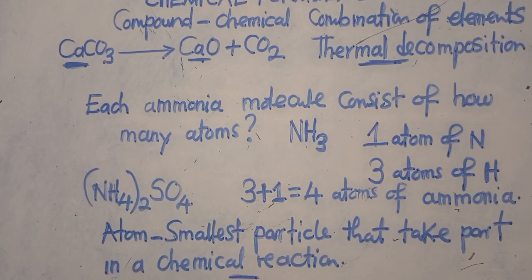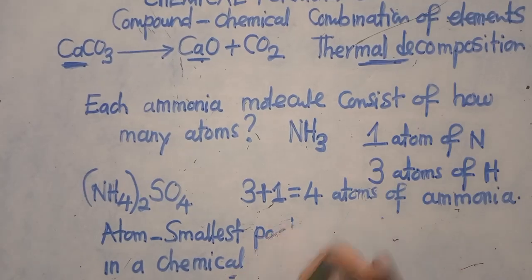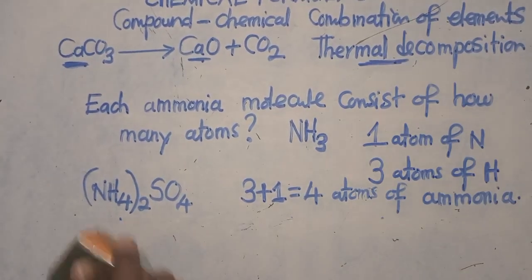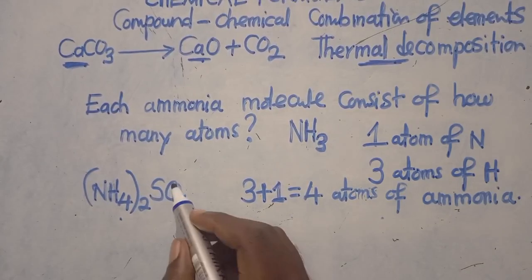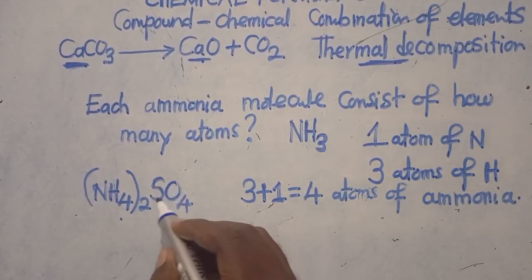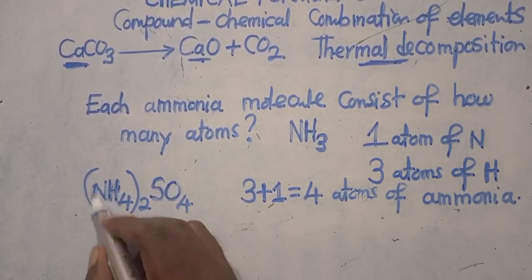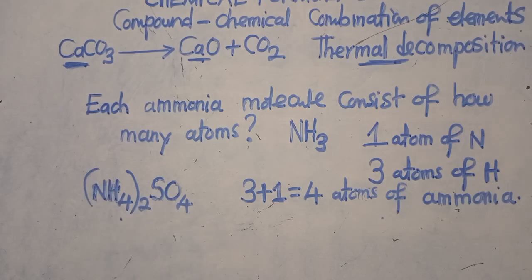So the question is, we want to find the number of atoms that are in this compound. These are the smallest particles that will take part in a chemical reaction. If I ask you how many elements are here, we've got 1, 2, 3, and 4 elements.